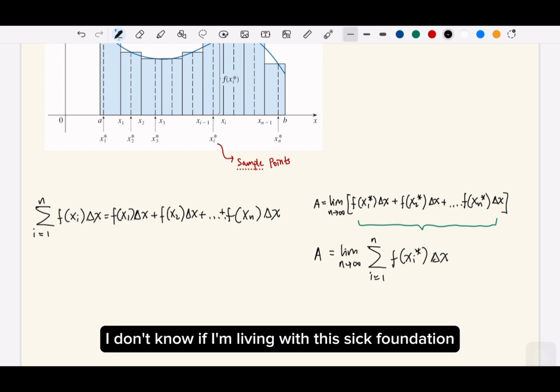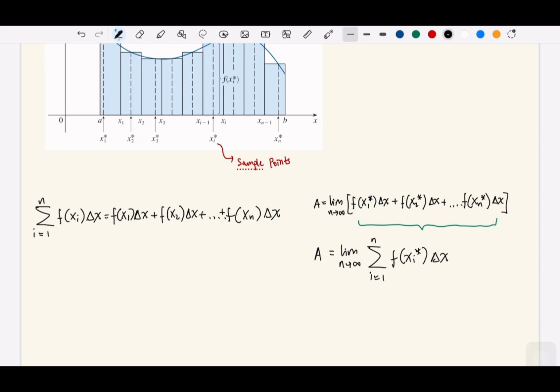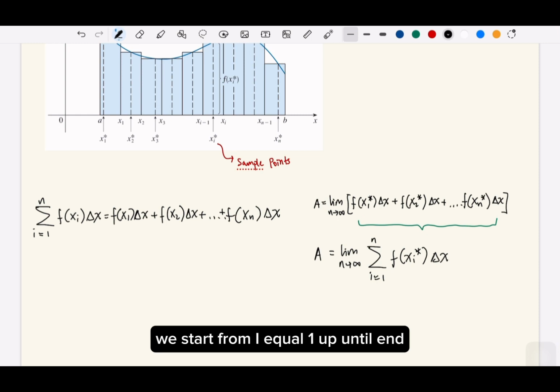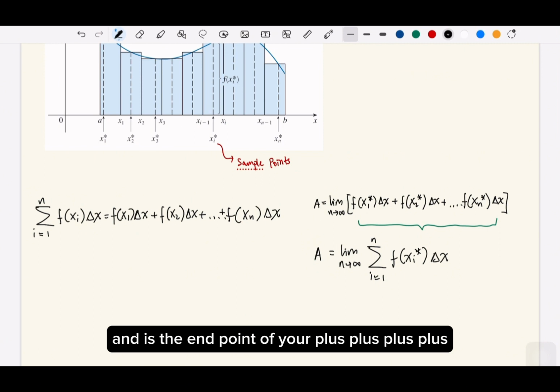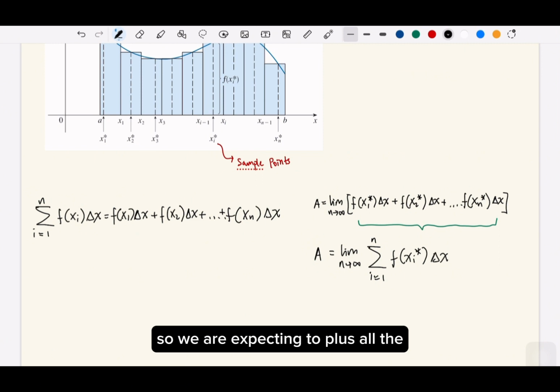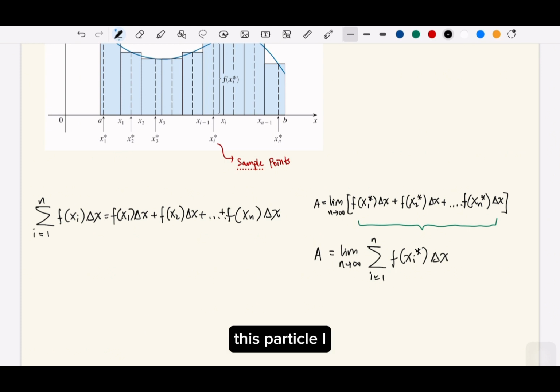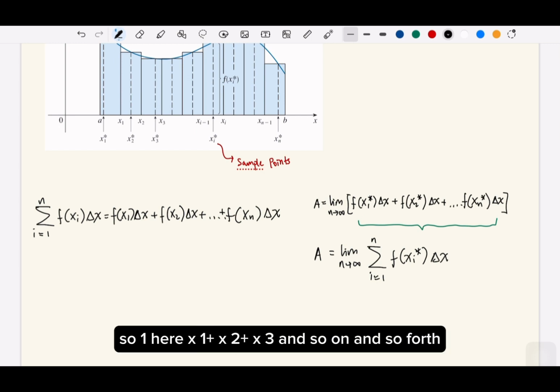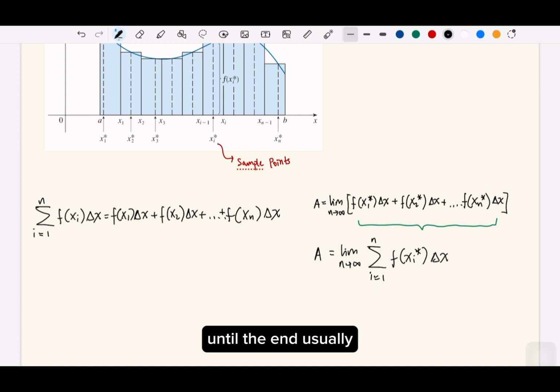Are you familiar with the sigma notation? No? So it means that we start from i equals 1, up until n. N is the endpoint of your plus, plus, plus, plus. So we are expecting to add all of these terms. For example, start from 1, so x1 plus x2 plus x3 and so on and so forth until the n.